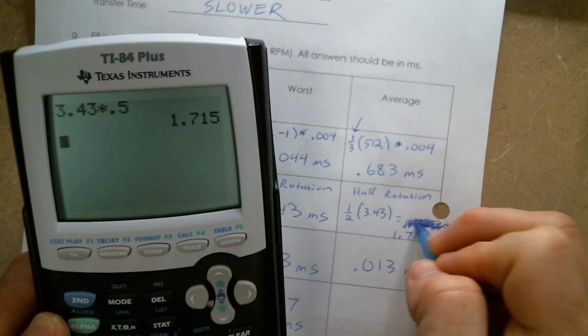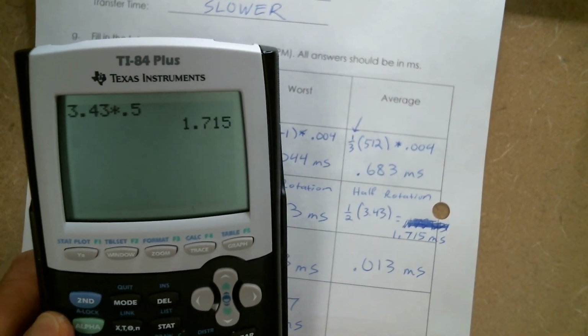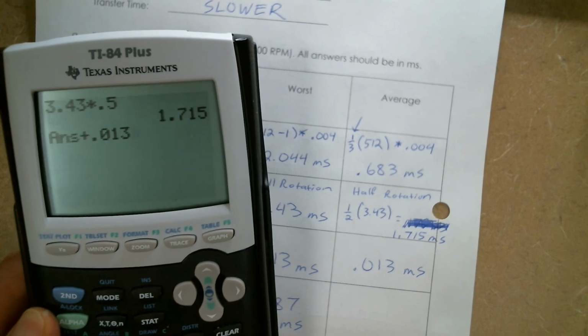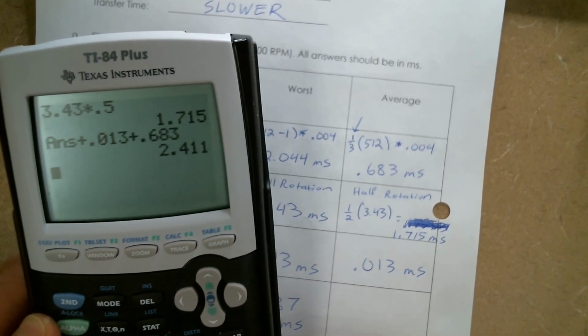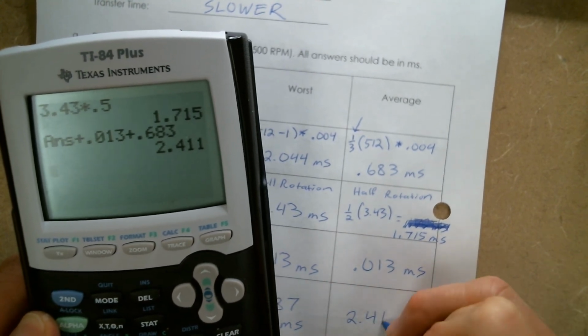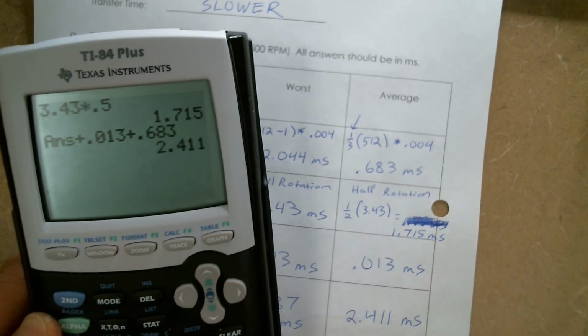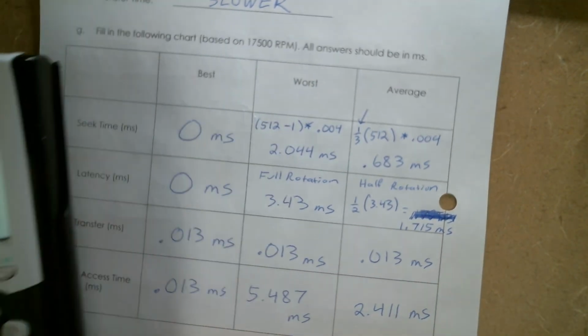Again, my bad. And then when we add these three together, 1.715 plus 0.013 plus 0.683, we get 2.411 milliseconds.